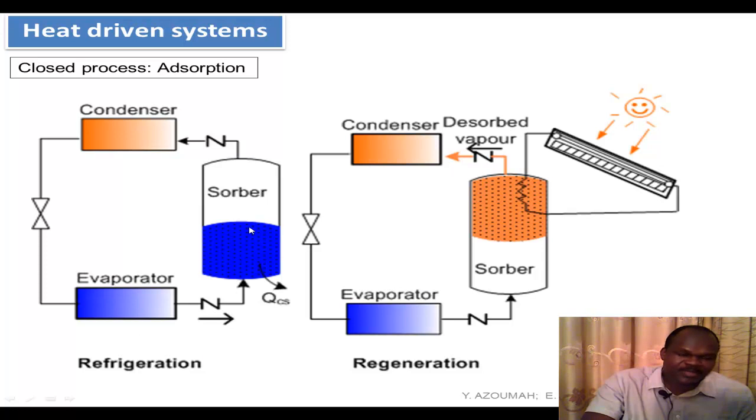Okay, and then you need to regenerate back the working fluid so that the cycle will continue. So you can do the regeneration on the right hand picture with solar energy. Okay, you have the solar collector, the sun coming in, and then it regenerates the working fluid.